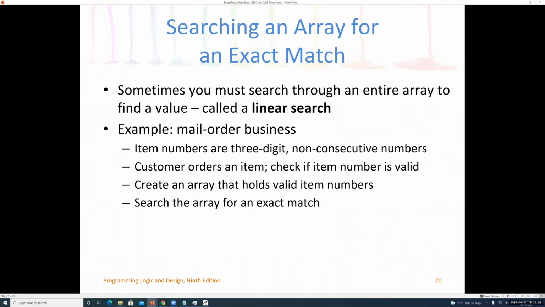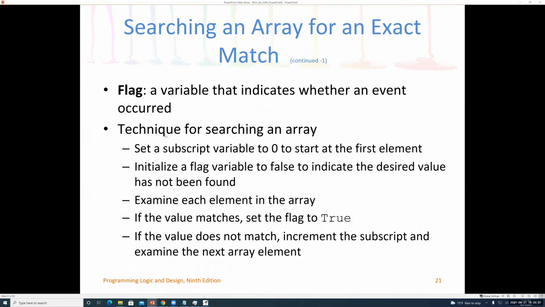In order to search here, normally you have to maintain a flag. So at the beginning you set the flag to false or no, and whenever you find a match, you change the flag to true or yes. When working with searching an array, you always have to search from the beginning.